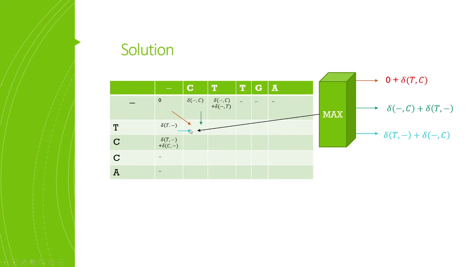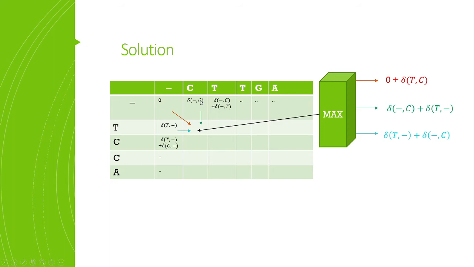And then you can come along this path, which would be delta T and a dash was this one. And so when you take T and a dash, you sum a dash and a C, because this path movement would be, you did not choose a new character, so it'd be a dash here, and you took a C here, so it'd be a dash and a C, which you see here. So this sum would be the other one.